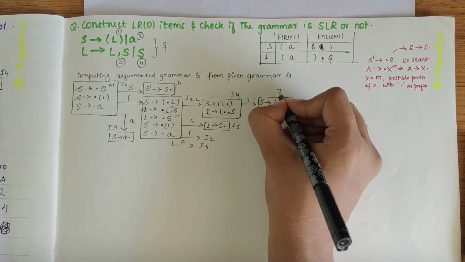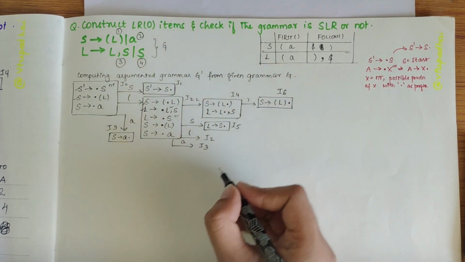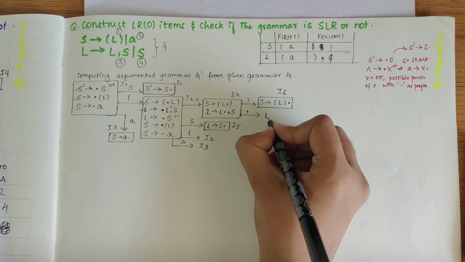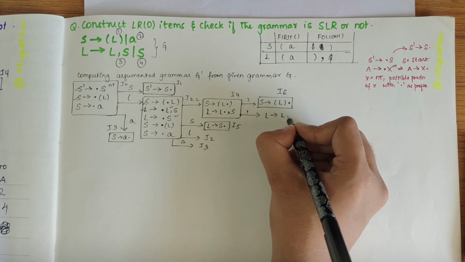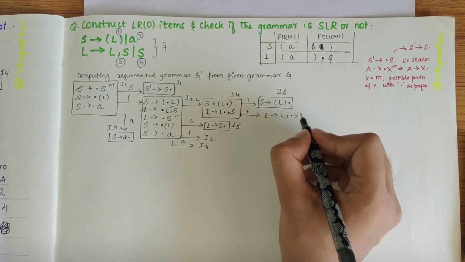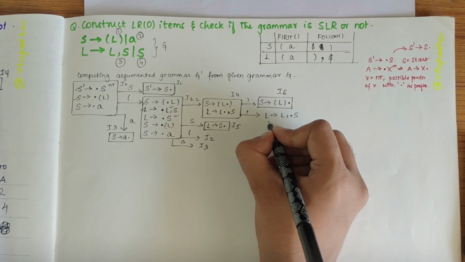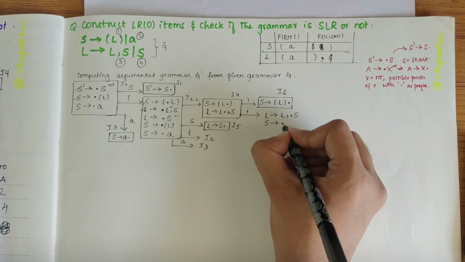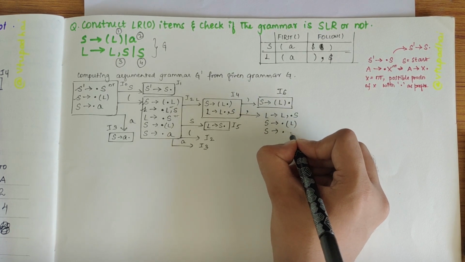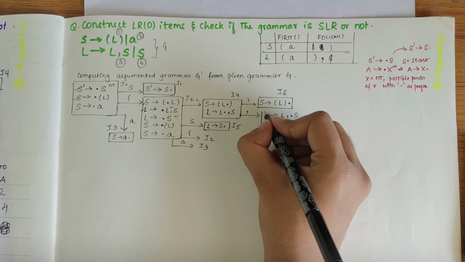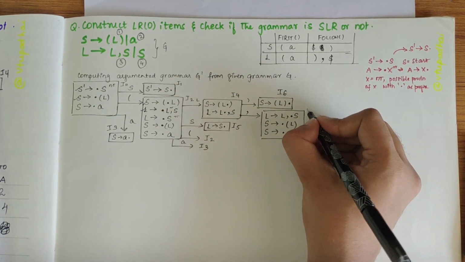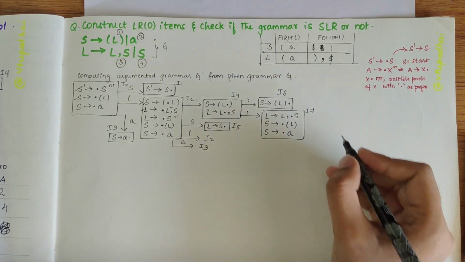This was I5, so I'll name this as I6. Now over comma, I can write L derives L comma dot S. After dot I have S, a non-terminal, so I should write all the possible productions: S derives dot (L) and S derives dot A. I'll name this as I7.